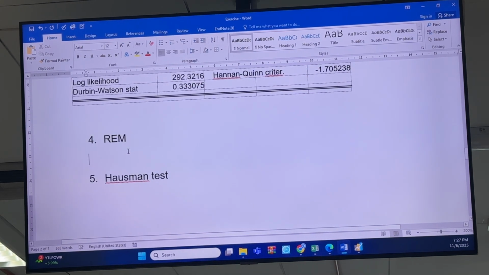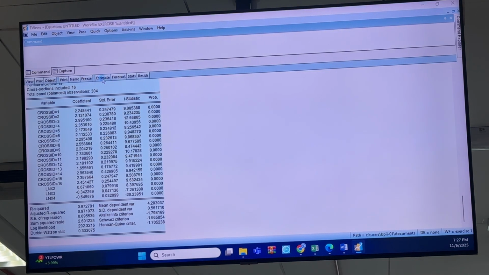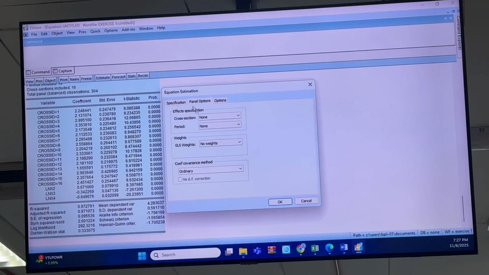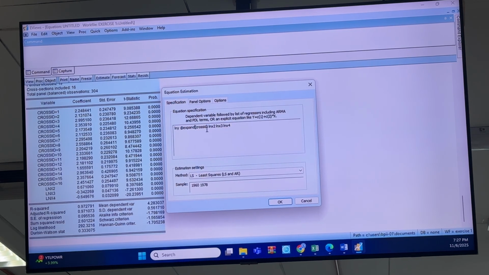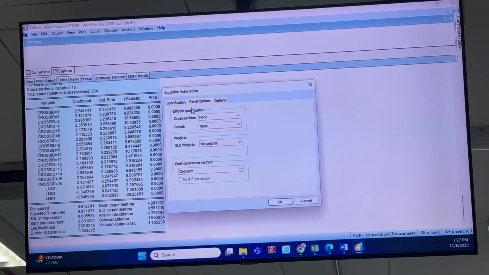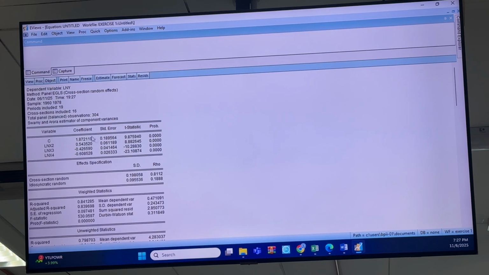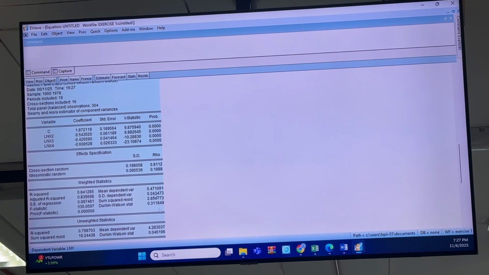Then about the random effect models, right? We just go to estimate. Change back, right? Don't use this cross. Then go back to the random. So this is my result. Right?